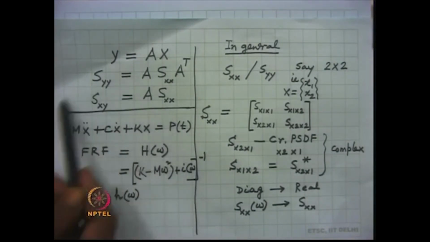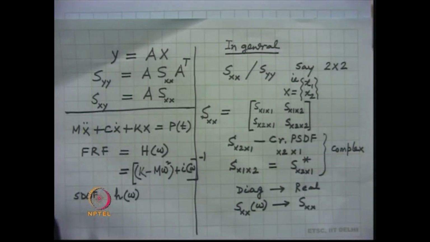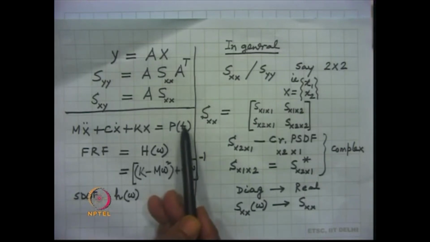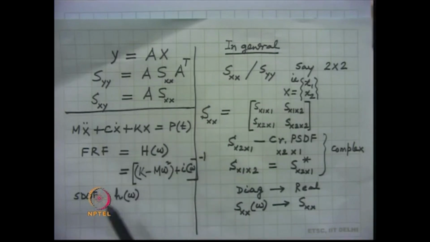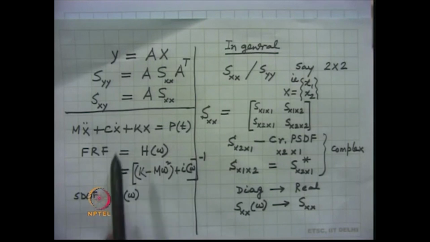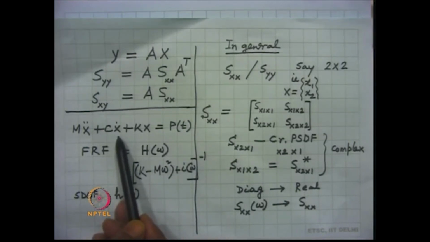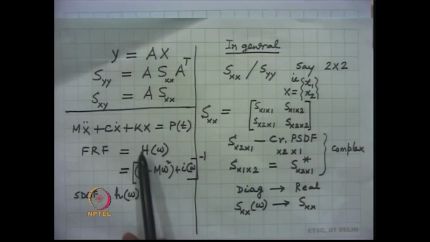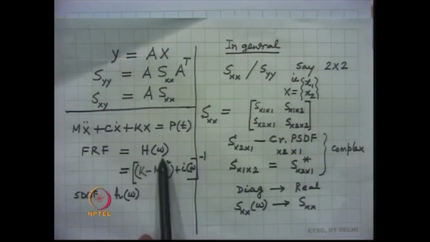Now, if we consider a multi-degree of freedom system, then we can write down the equation of motion, and if P(t) is the excitation vector, then one can obtain the relationship between the frequency content of the response vector and the frequency content of the excitation with the help of the FRF, that is frequency response function matrix H(omega), and this H(omega) is equal to the inverse of k minus m omega square plus i c omega.